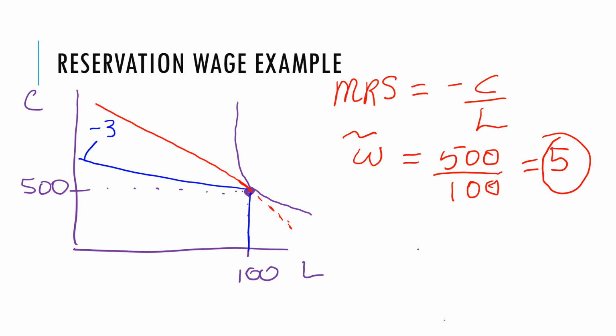This budget constraint here looks approximately tangent to the indifference curve at the endowment point, and that budget constraint would have a slope of -5. That would be the reservation wage.